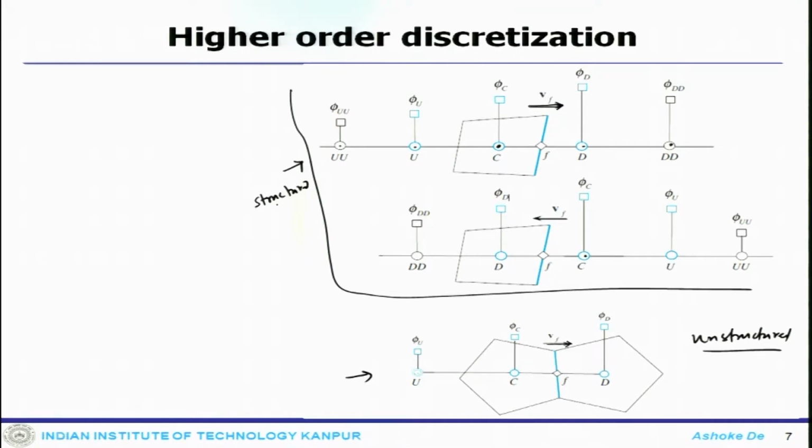So, one case is structured, the other case is unstructured, and in the structured case when the face velocity goes in this direction, this should be considered as the upstream condition and subsequently this side would be the downstream condition, and when the face velocity goes in this direction, these would be upstream and this is downstream.